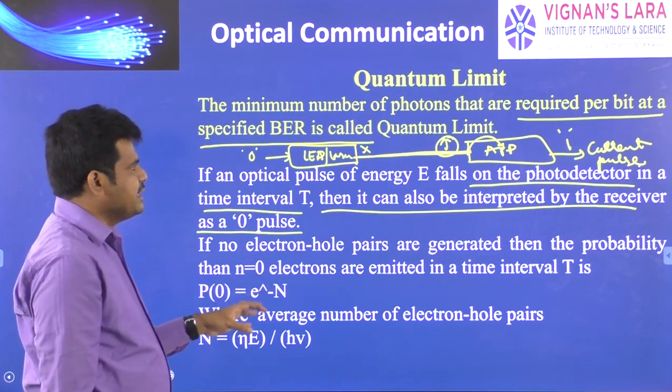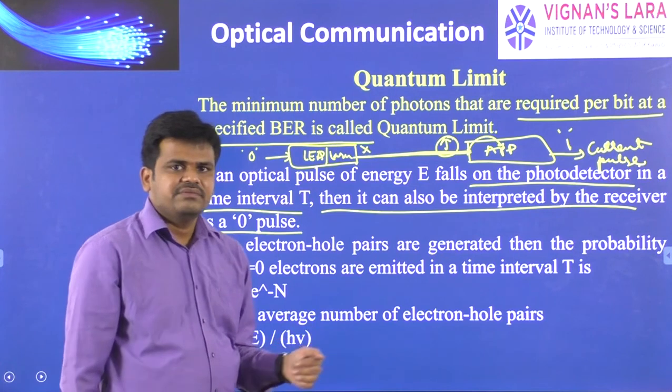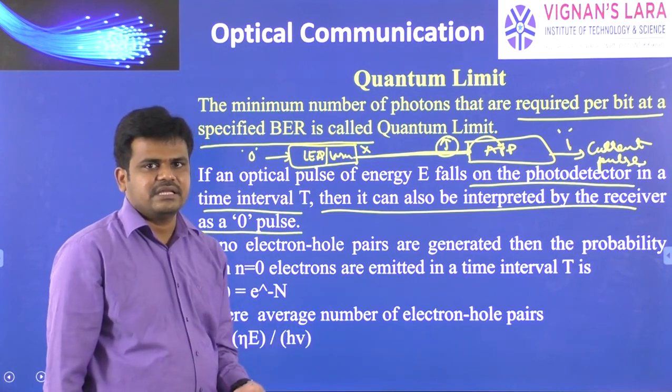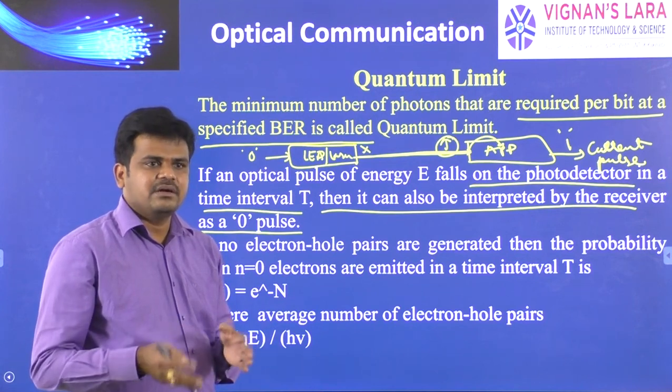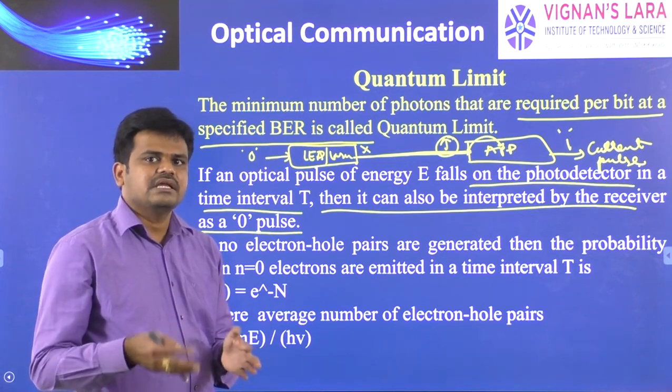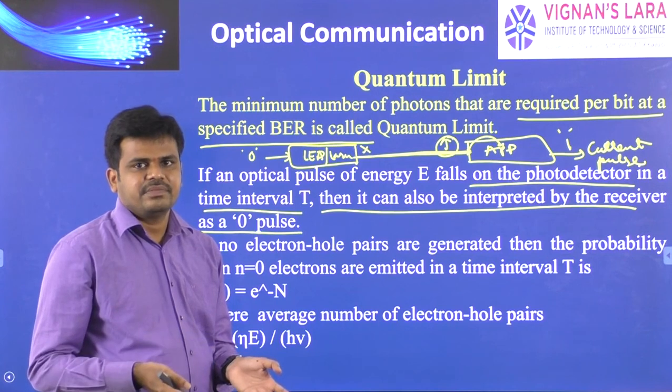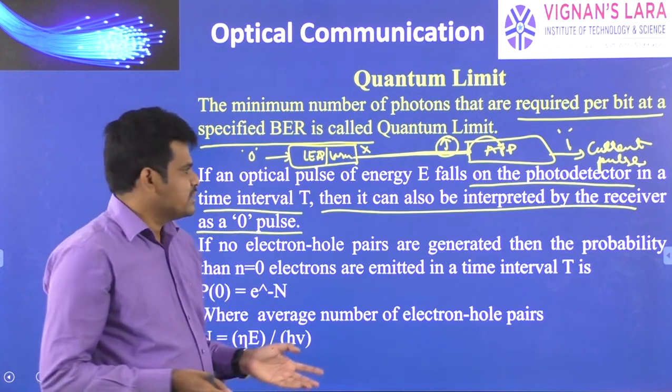Like this we can estimate the probability of error depending upon the number of electron hole pairs created.